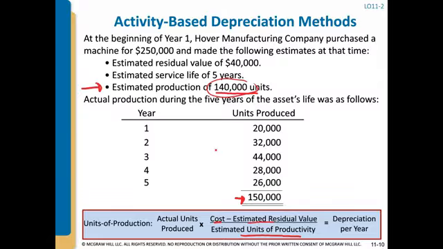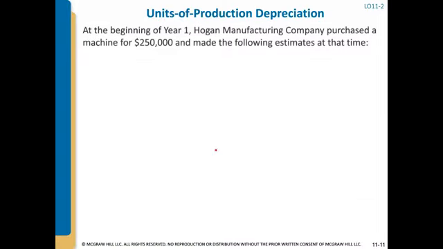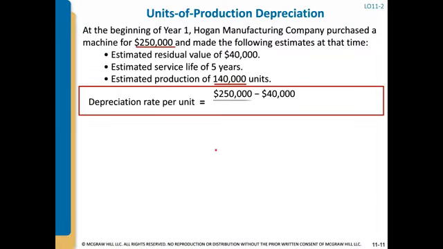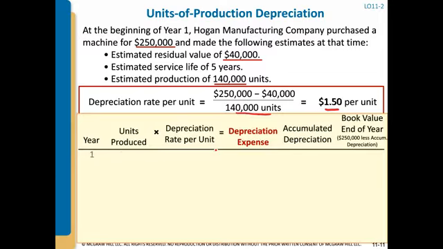Then you get a depreciation rate per unit and multiply by the units produced every year. Let's go through it. So we take our cost minus residual value divided by the 140,000 units that we expected to produce over its lifetime. And so we are going to depreciate this unit $1.50 for each unit it produces.